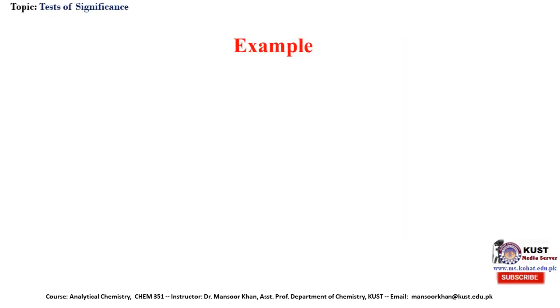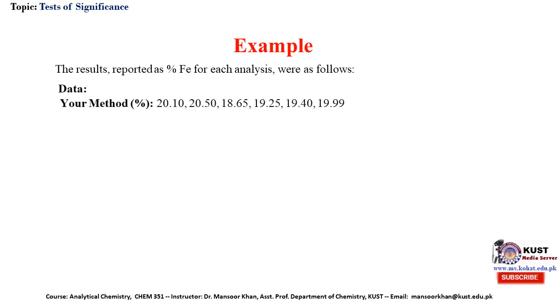Here we will take an example. The results reported as percent Fe for each analysis were as follows. Your method: 20.10, 20.50, 18.65, 19.25, 19.40 and 19.99.